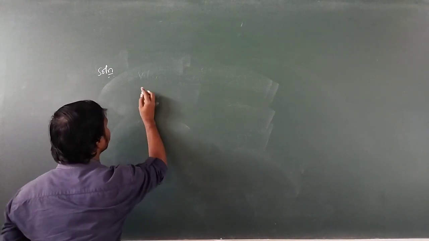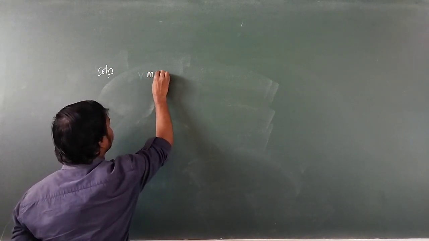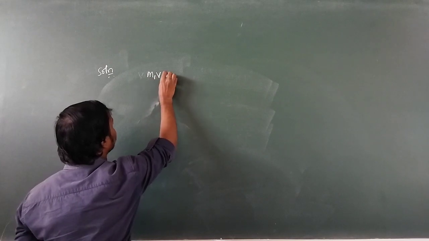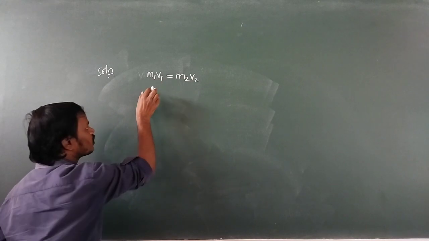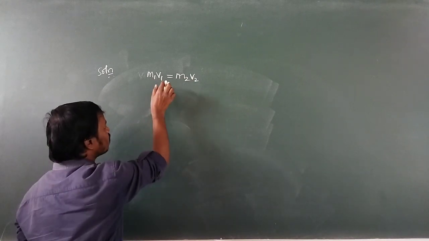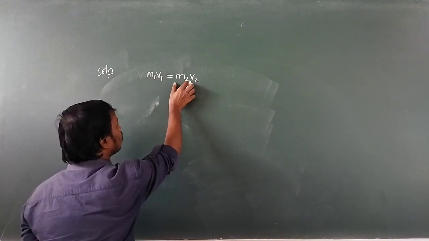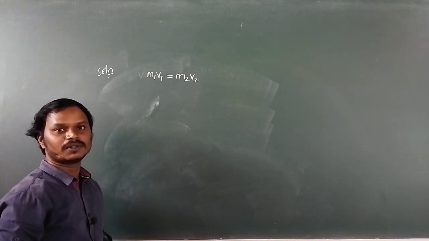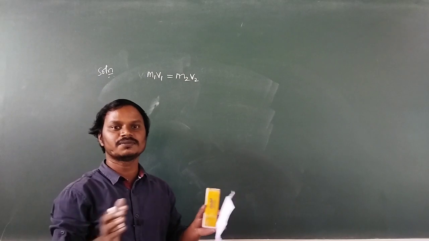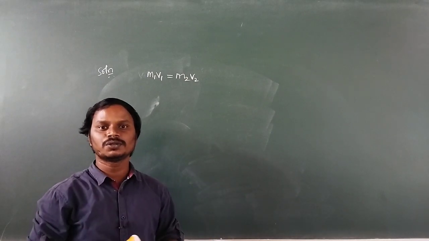Now see here. According to the law of conservation of momentum, m1 into v1 is equal to m2 into v2. So m1 is the mass of the first part and v1 is the velocity of the first part, and m2 is the mass of the second part and v2 is the velocity of the second part, because a nucleus ruptures, means breaks, into two parts.